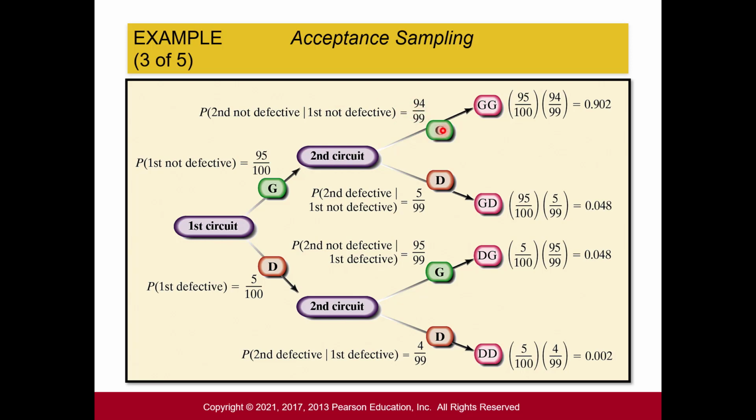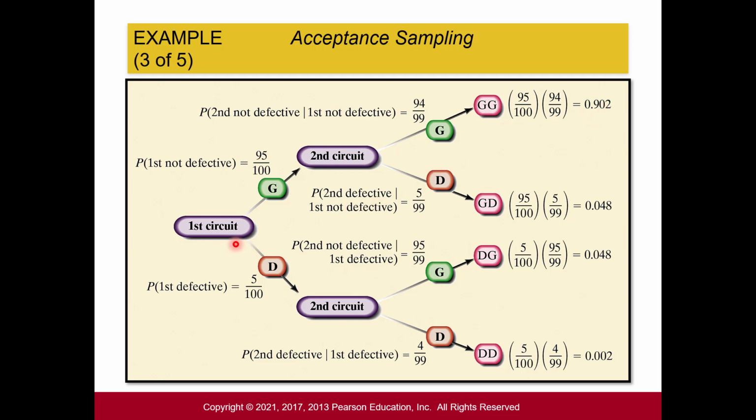The probability that both circuits were good is the product of the two. This second one is the probability that the second circuit is good given that the first circuit was good. That's why we're multiplying using our general multiplication rule. So that overall probability is about 90%.